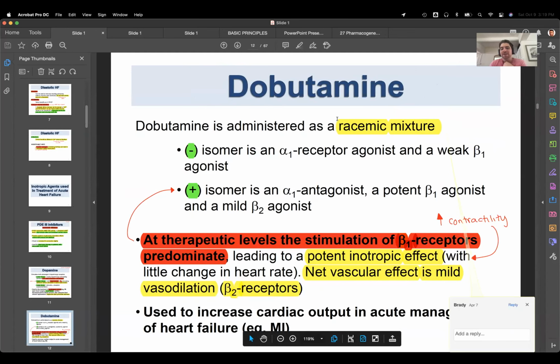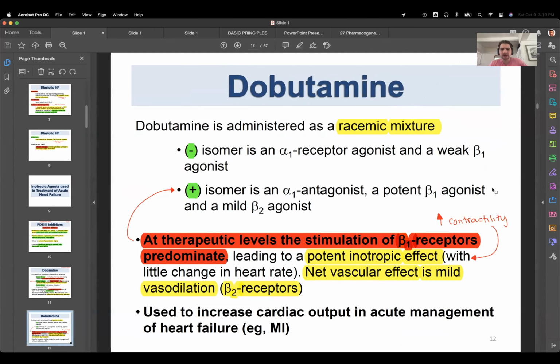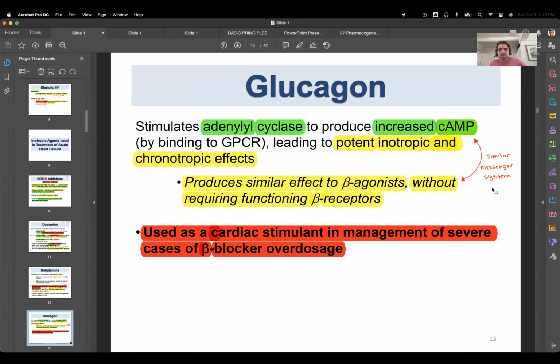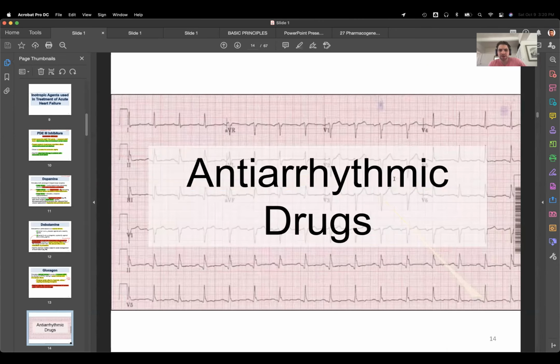Dobutamine, they only give this when the patient comes in and they're in complete heart failure, and it'll help to stimulate the heart, stimulate contraction. Glucagon can be used, increase cAMP, so similarly to beta agonists as well, right? Works through a similar process.